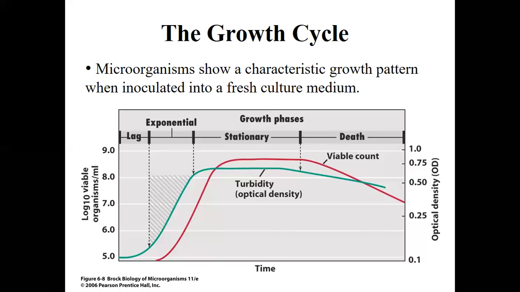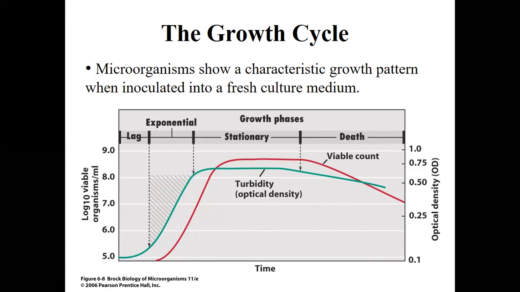In the exponential phase, what is happening? The exponential phase is the phase in which microorganisms multiply rapidly. This is a very important phase for microbial growth, and we can calculate the growth of the microorganism in this phase, because the nutrients are available in full.